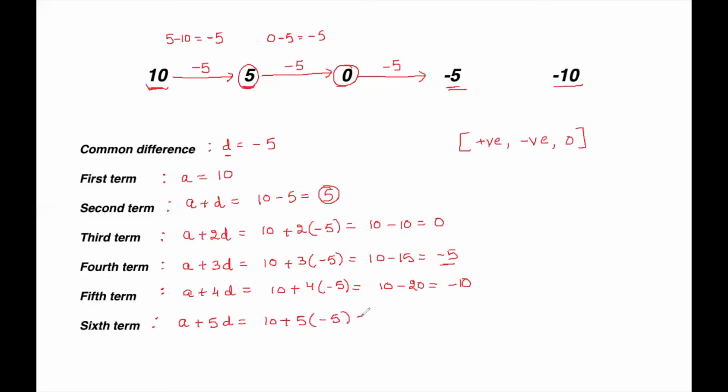Minus 5, that is equals to 10 minus 25. Okay, so that is equals to minus 15. Okay, so the next term after this would be minus 15. Okay, we can again verify from here. See, this term plus the common difference, this term minus 10 and the common difference, this is equals to minus 15. So yes, what we have found from here is correct.